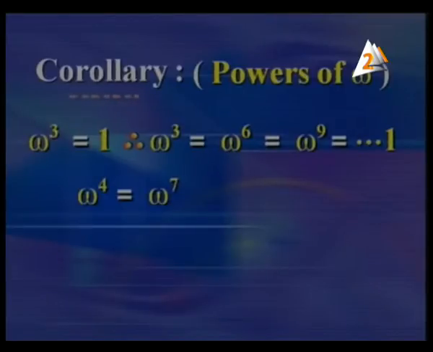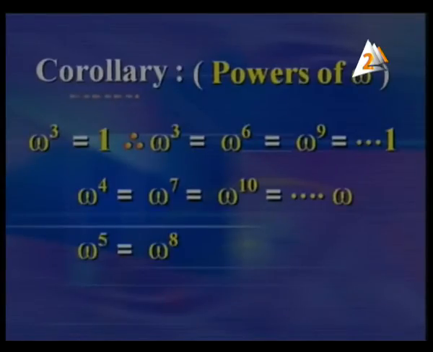Omega 4 equals omega 7. Multiples of omega 4, omega 7, omega power 10 equal omega. Omega power 5 equals omega power 8 equals omega power 11, and so on, are multiples of omega square.